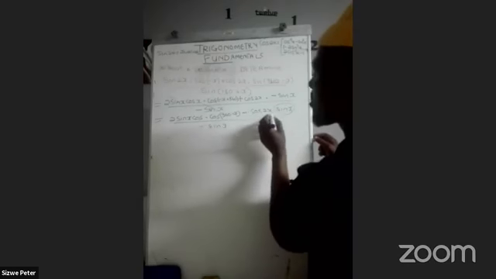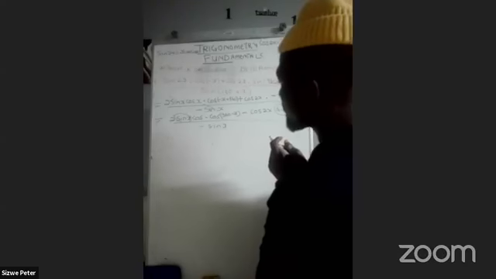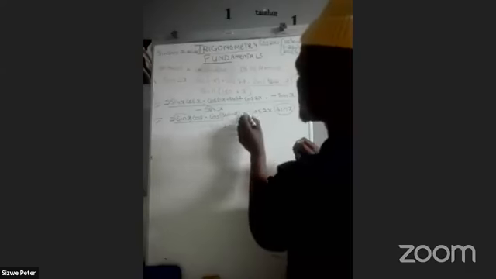Can I take this sine x out as a common factor so that I can cancel? Why did we change the cos to a negative? Negative times positive is negative.